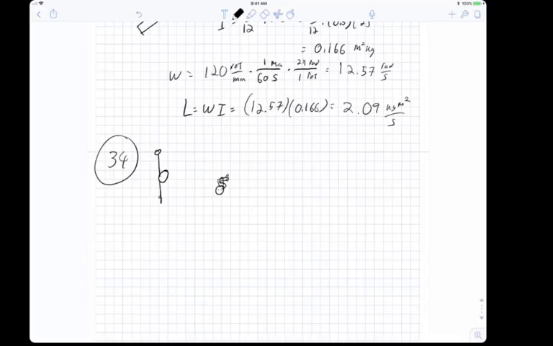If the moment of inertia of the diver in a straight position is 14 kilogram meters squared, and in tuck position it's 4 kilogram meters squared, by what factor is her angular velocity when tucked greater than straight?